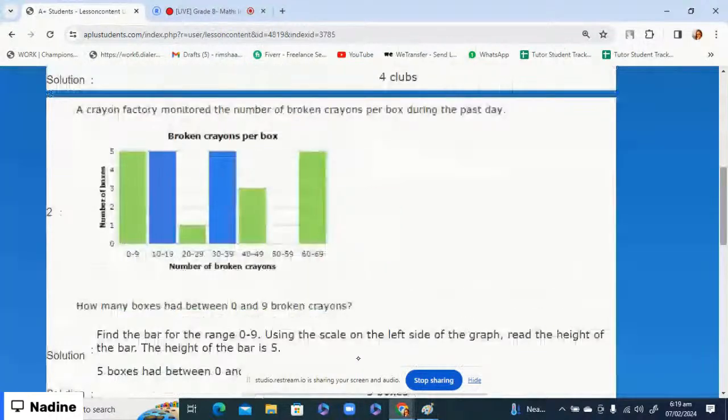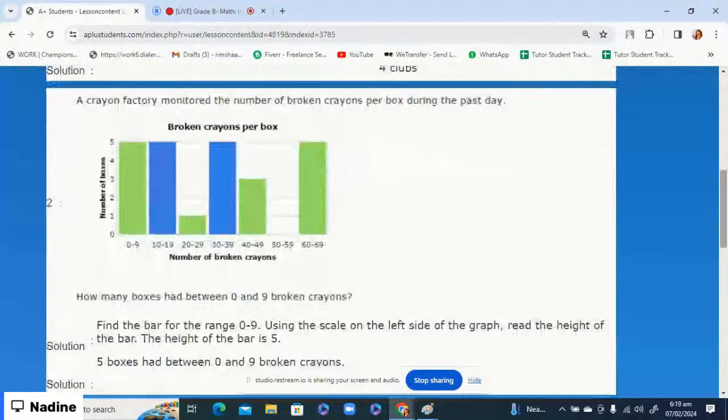Check this one. A crayon factory monitored the number of broken crayons per box during the past day. So broken crayons per box is given.